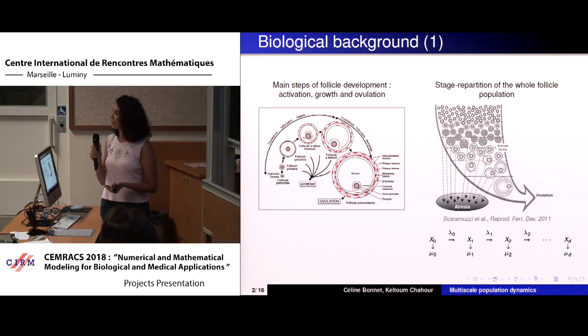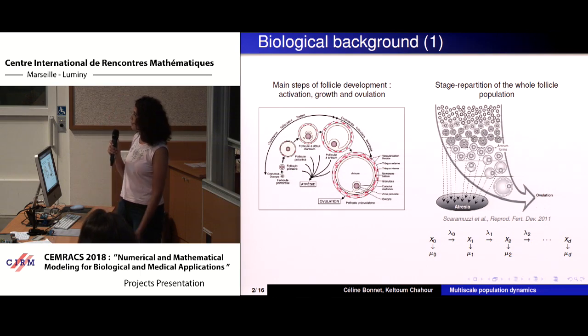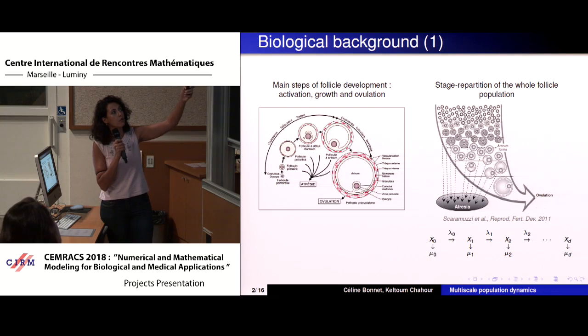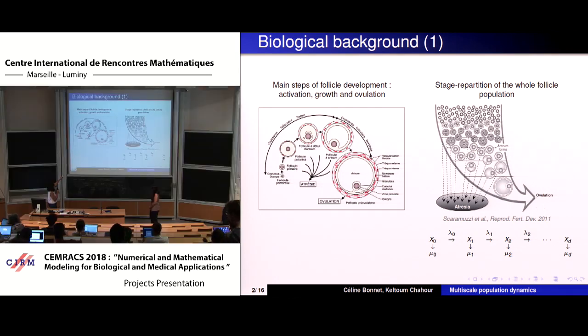Once these follicles are activated, and this activation can occur at any time, they go through several successive growth stages, starting from the initial stage that corresponds to the quiescent follicles. During these successive development stages, the follicle changes its structure, and we can see an increase in the size of the follicle.